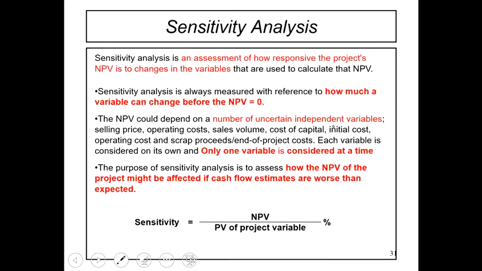Okay. So now jom kita tengok pada sensitivity analysis. Sensitivity analysis is an assessment of how responsive the project's NPV is to changes in the variables that are used to calculate that NPV. Okay. So setiap kali ada project akan ada cost kan. Kita ada initial cost, kita akan dapat sales, kita ada cash inflow, cash outflow.